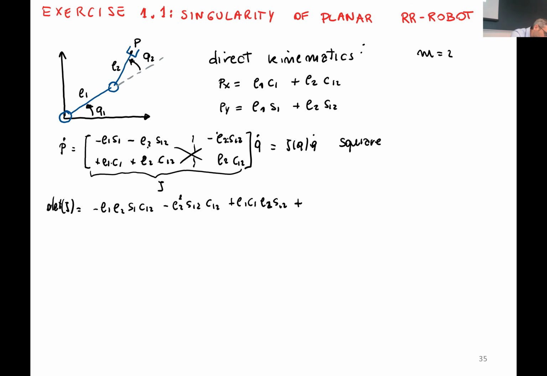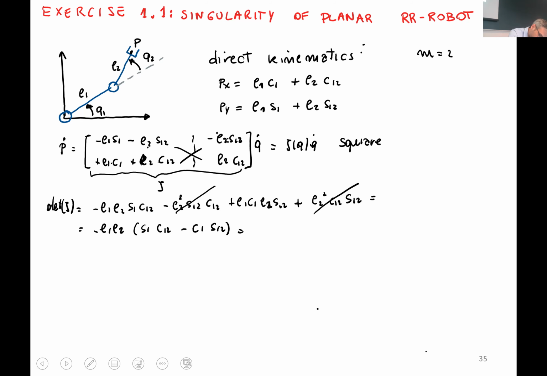This is L2, so it's L2 squared, C1, 2, S1, 2. This goes away with this one, and we get minus L1, L2, sine of 1, cosine of 1, 2, minus C1, cosine of 1, sine of 1, 2.